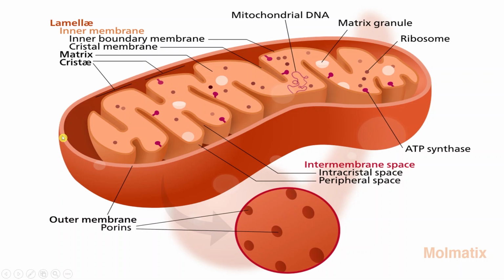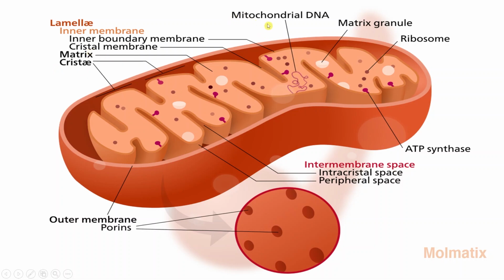In between the inner and outer mitochondrial membrane, there is a space called the perimitochondrial space. The folds present over the inner membrane are recognized as the cristae. The space inside the inner mitochondrial membrane is known as the matrix.